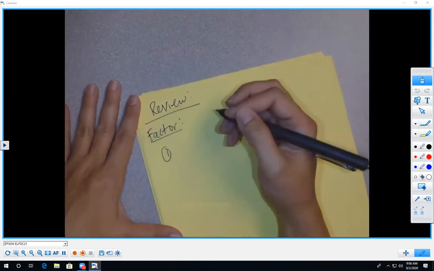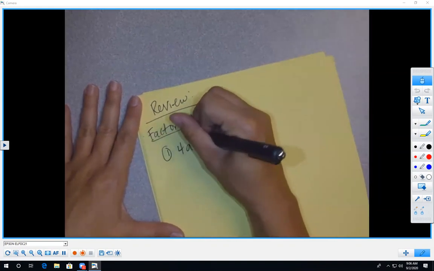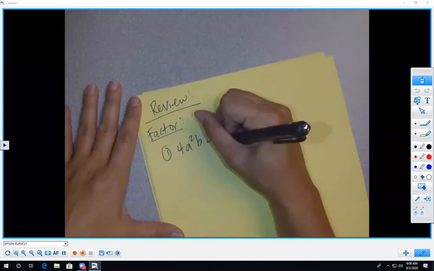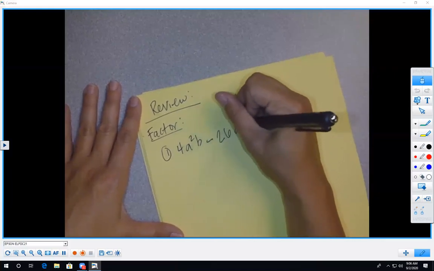First problem we're going to factor is 4a squared b minus 26a cubed b squared.